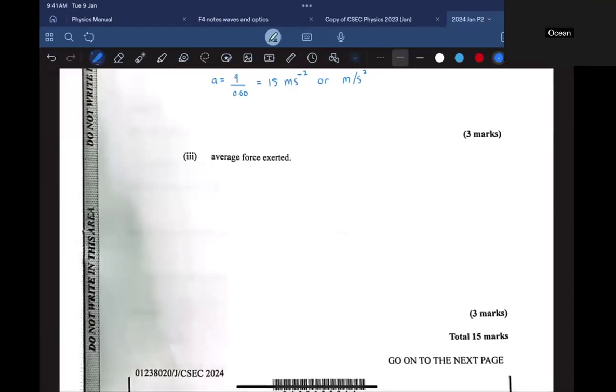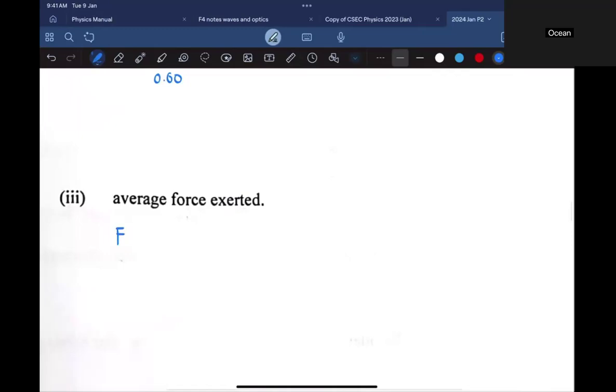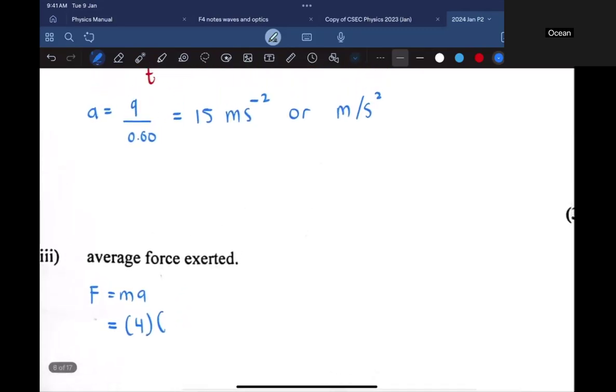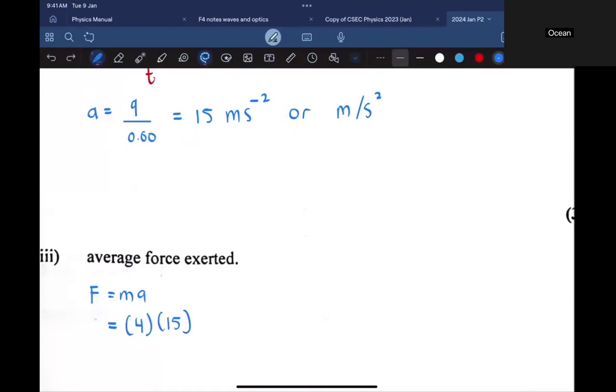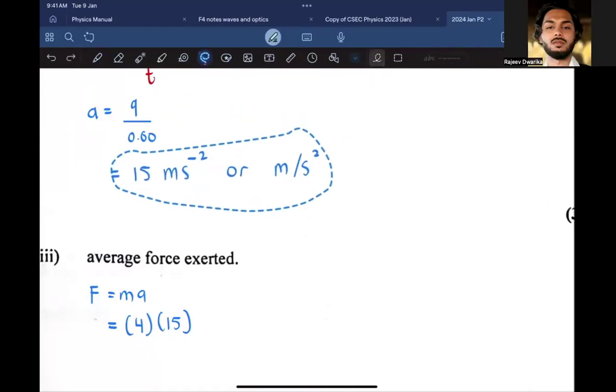Force is equal to mass times acceleration, so it would be 4 kilograms by 9 acceleration, which is 9. Nah, the acceleration was 15. 9 is velocity.